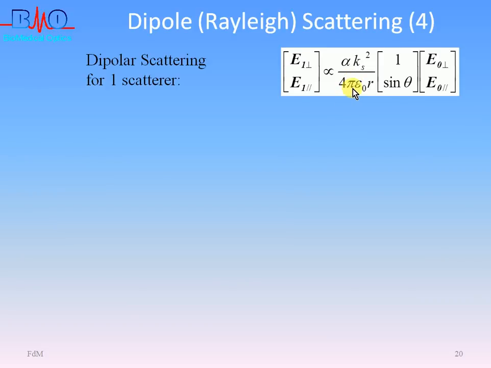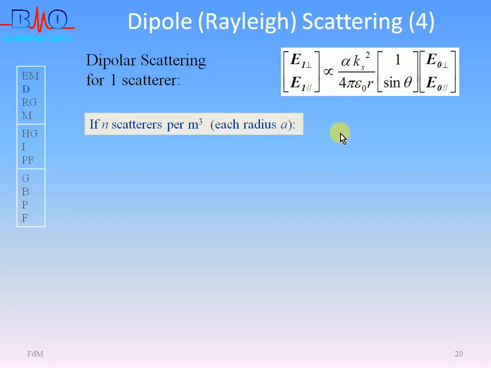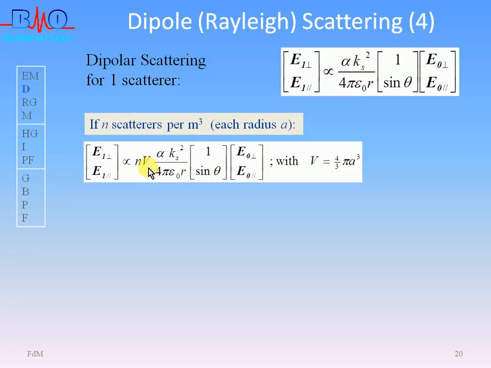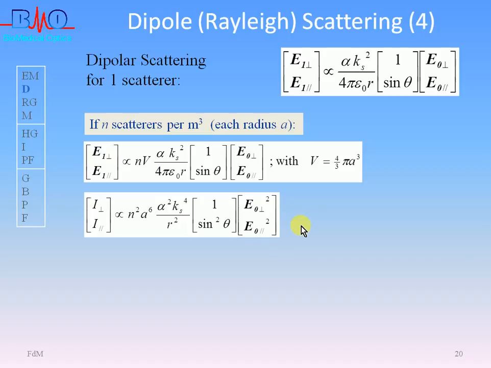For one scattering we had this relation, and if we have n scatterers per cubic meter, then we have to multiply with n times v, in which v is the volume, in this case a sphere with a radius a, and then we have this expression here for the intensity.